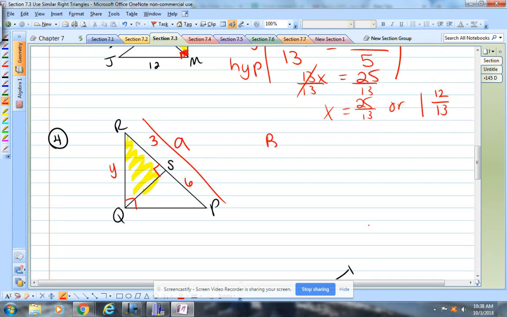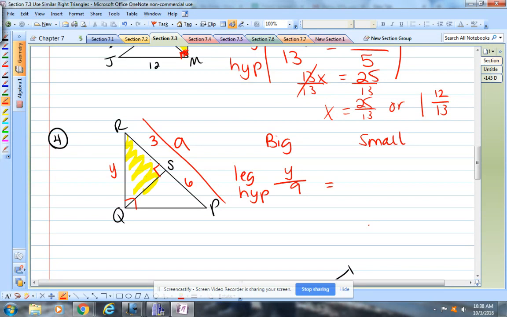So I'm going to do big and then the small triangle. And I'm comparing the leg to the hypotenuse. So for the big triangle, the leg we're trying to find is y, correct? And that's over the hypotenuse of what? 9. Equals. Let's use that top little triangle.